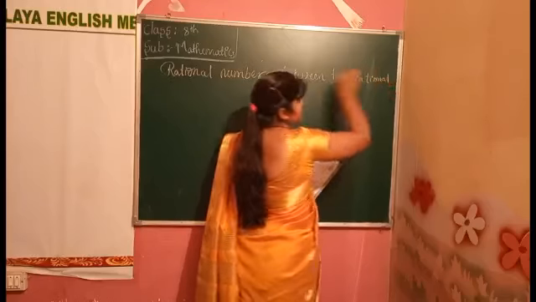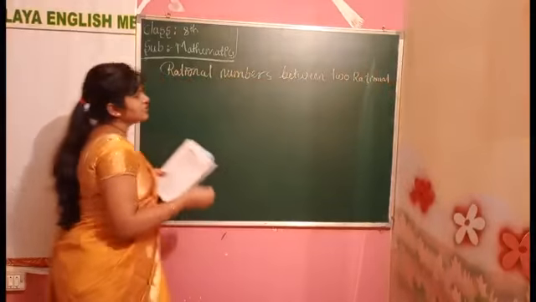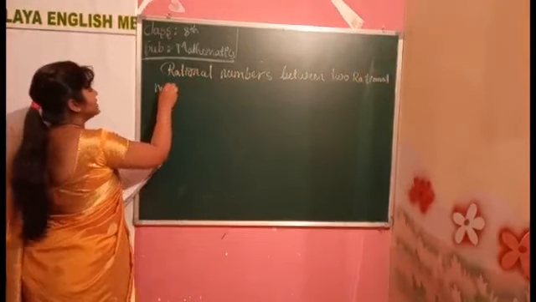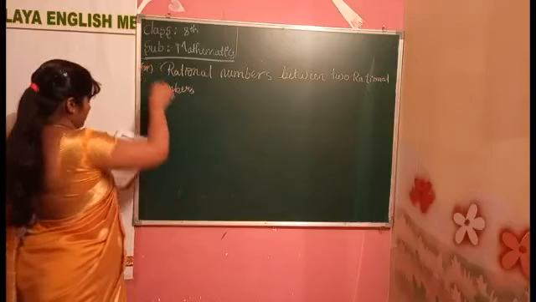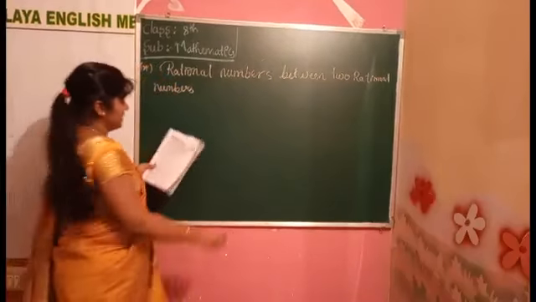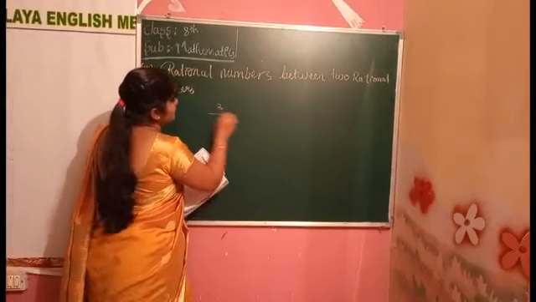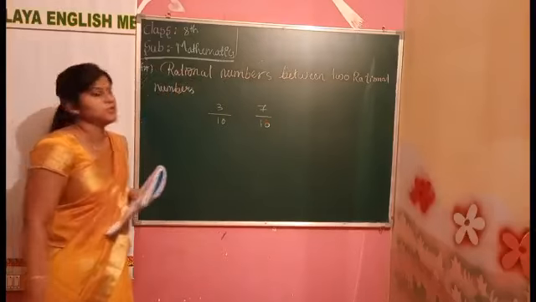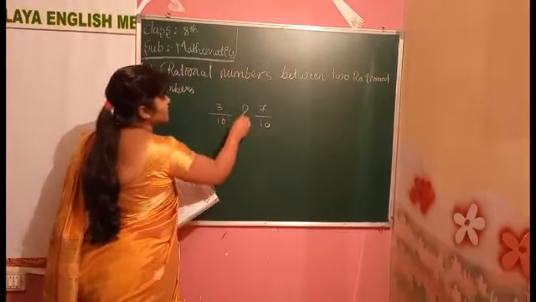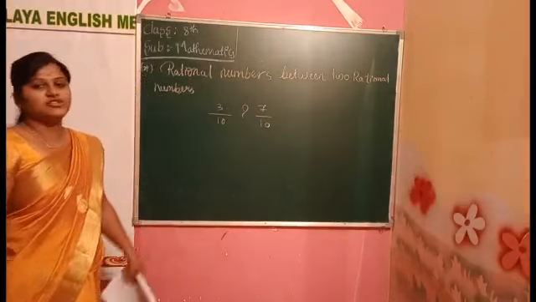Okay, finding the middle rational numbers. This is called finding the middle rational numbers using number lines. For example, if I have 3 by 10 and 7 by 10, find the rational numbers in between them.